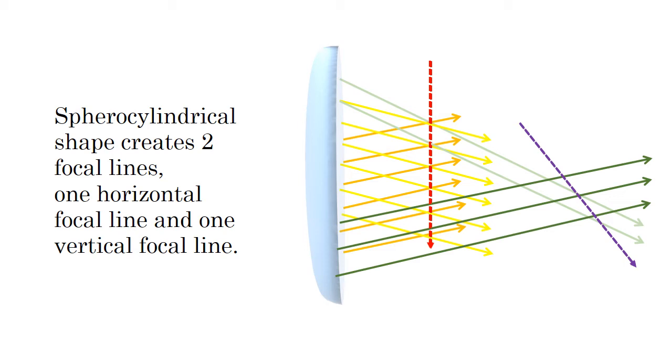Because of that, what it creates is a vertical focal line anteriorly and a horizontal focal line posteriorly. So in the picture, the vertical focal line is the red line, and the horizontal focal line is the purple line.